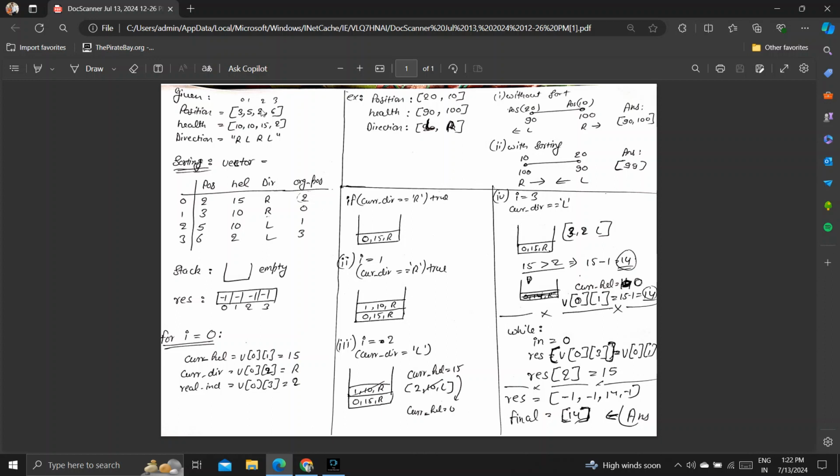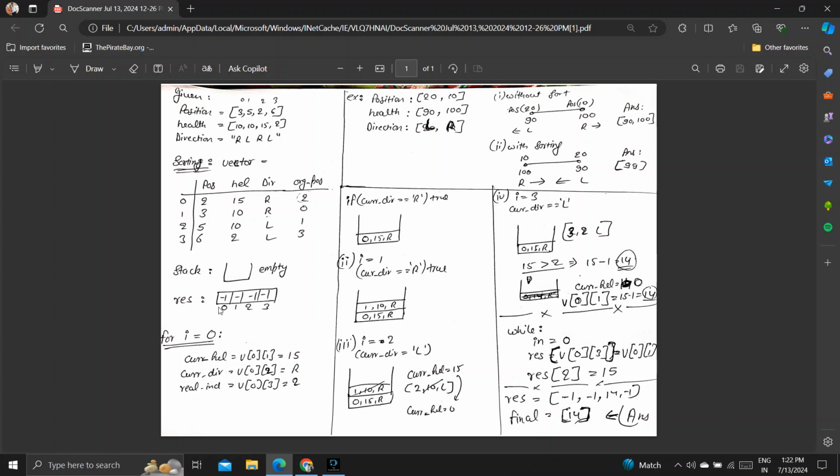Like 2 was at the 0th index, and now it is at the 0th index. Okay, health, and the original position was 2, so we have marked it here. Now we will run a for loop through this. Our stack is currently empty. The stack will contain only the indexes of this particular vector.